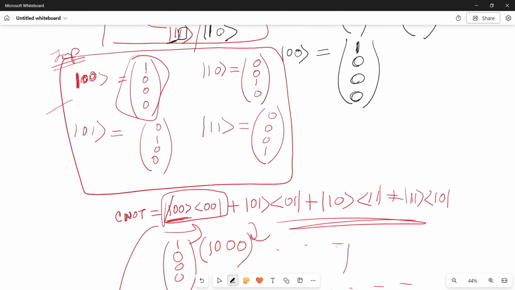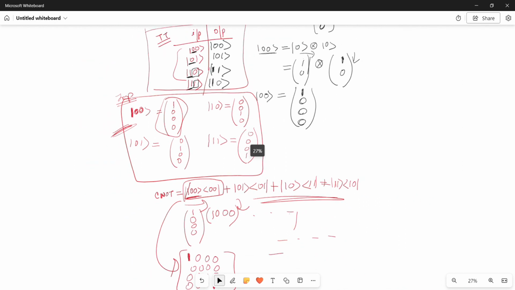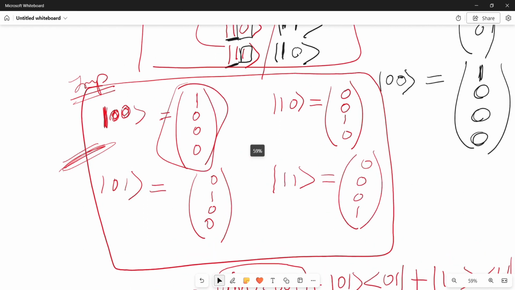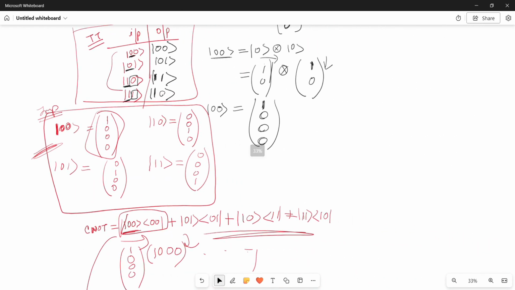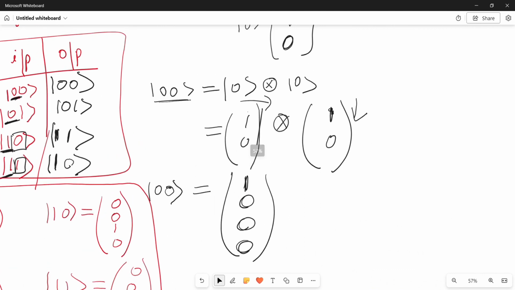And this is something you need to remember for 2 qubit gates or multi-qubit gates. Here it is 2 qubits, but suppose we have 3 qubits, then do a similar thing to what we are doing here: the tensor product. Suppose the input is 000, then you take 0 tensor product 0 tensor product 0.